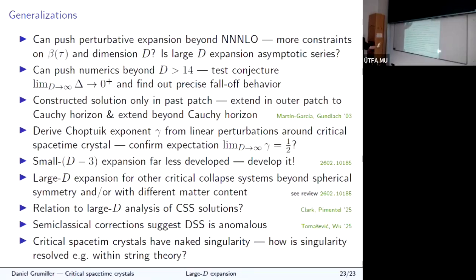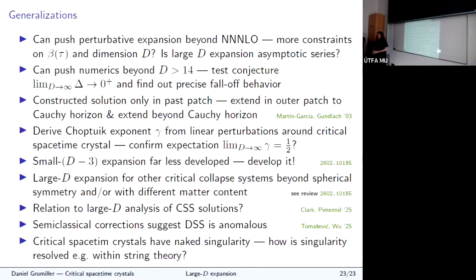So I think about it in a similar way here. Of course, we're interested in dimensions that are smaller than or equal to 10, but we can still gain some analytic insights if we use the large D expansion. In some cases, it reduces the complexity of the problem enormously.